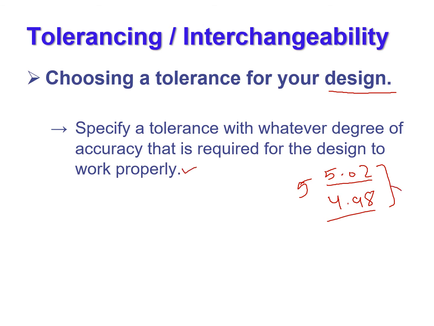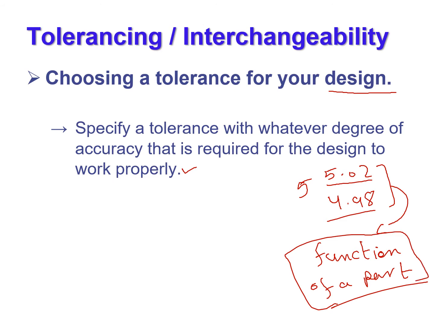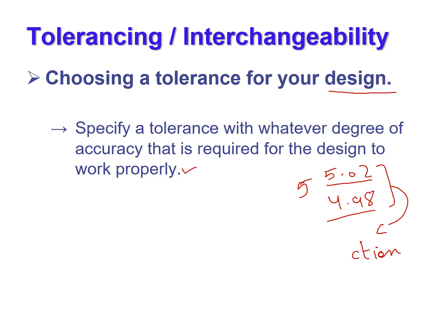So the main consideration is, at the end, the function of a part, for what purpose that part is going to be manufactured. If it is going to fit somewhere, then you should assign tolerances according to that fit, and we are going to talk about fits and tolerances in the coming slides.